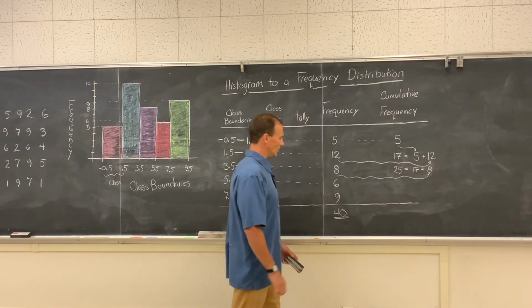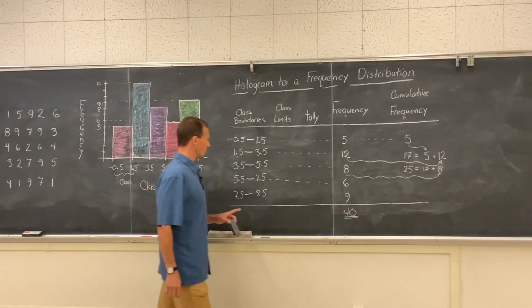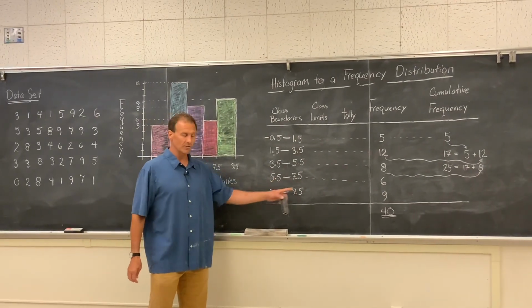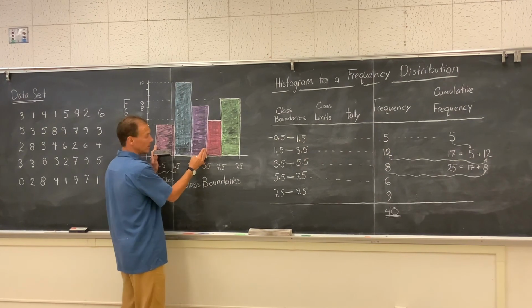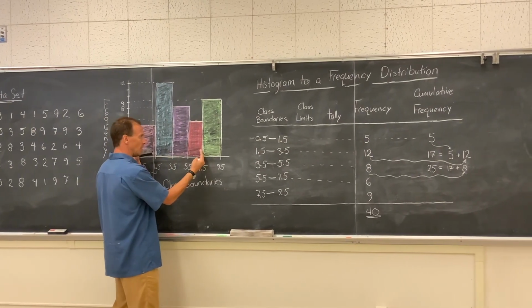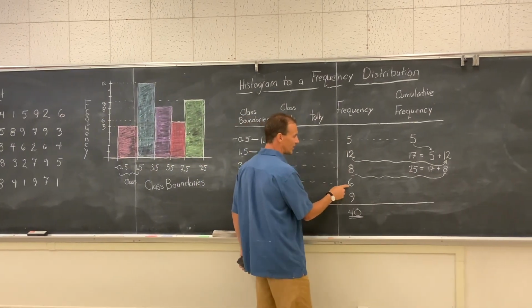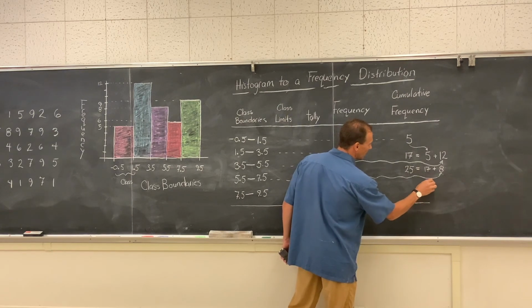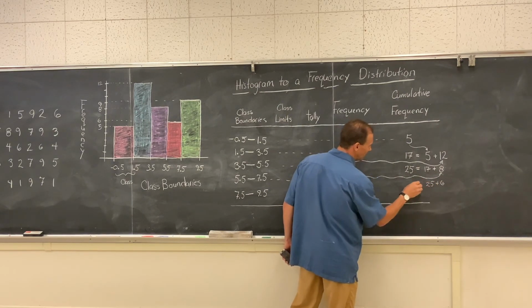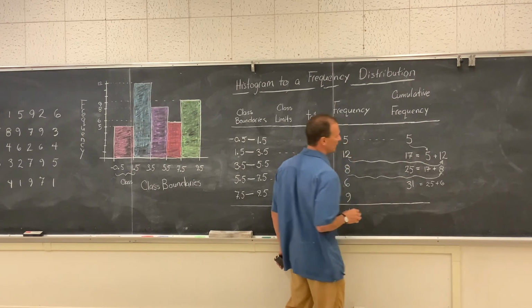And if we continue this, our next class is going to be 6 more. When we've looked from 5.5 to 7.5, we've looked at all of the data in the first 3 classes, plus the data in the 4th class. So we would add another 6. So this is going to be a 25 plus 6 more data values for a total of 31.